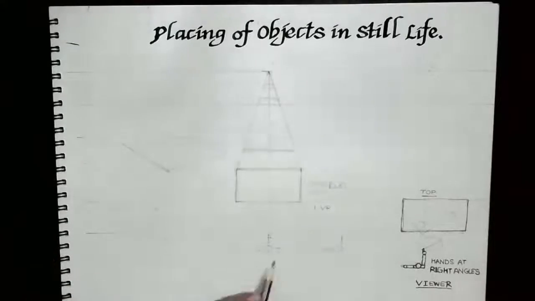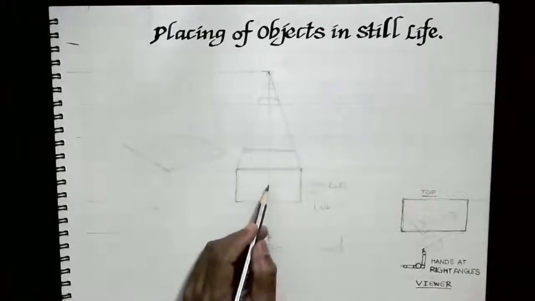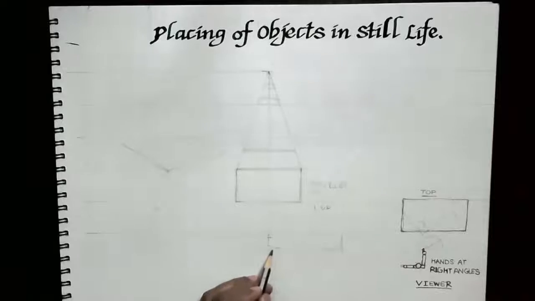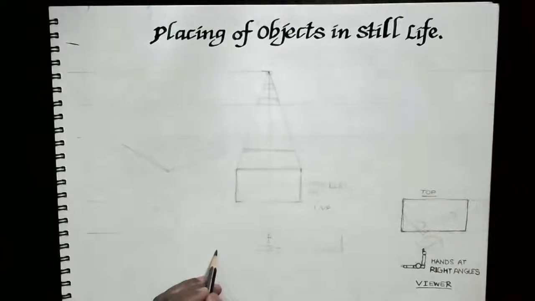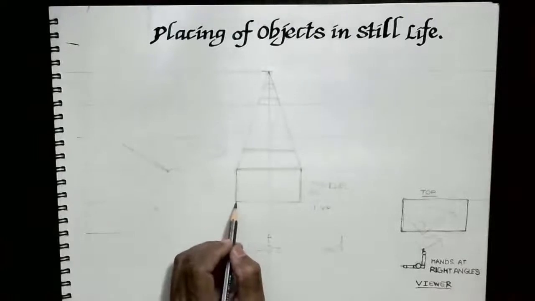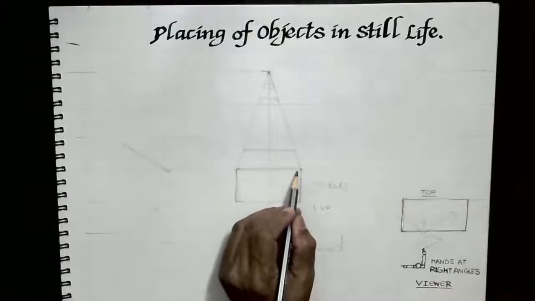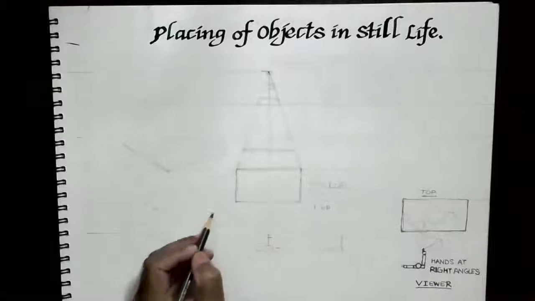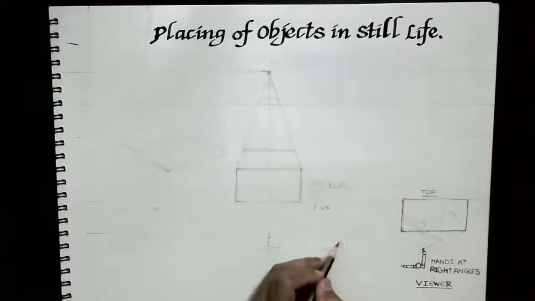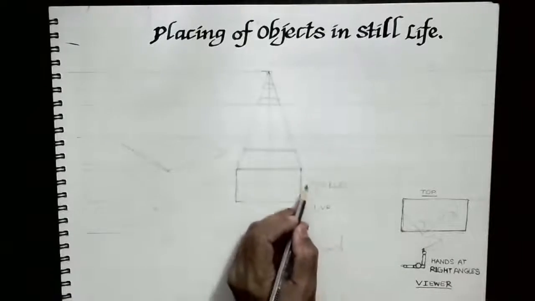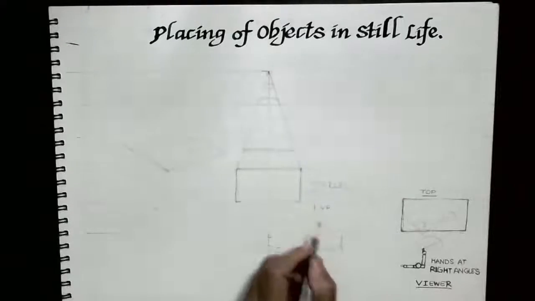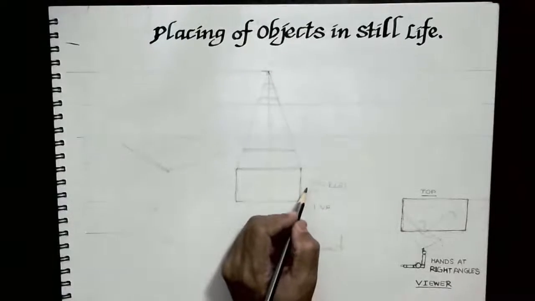When the object is sitting at the center and the viewer is sitting here, and this body is always parallel to you, how will you see this side of the face? Or suppose the viewer shifts here, you'll find that you will be able to see this side of the face.